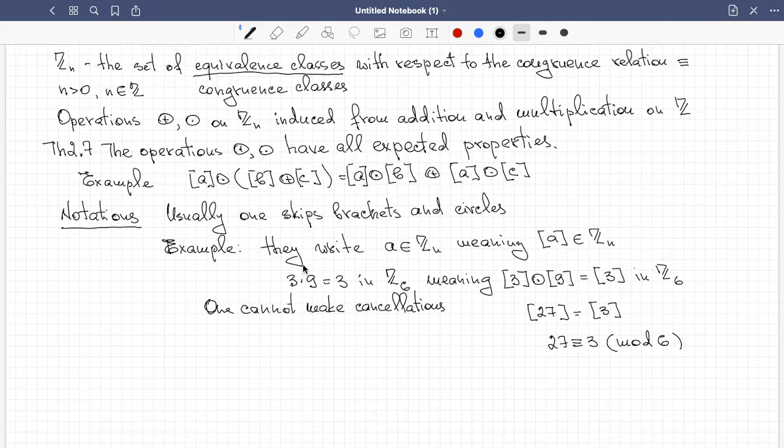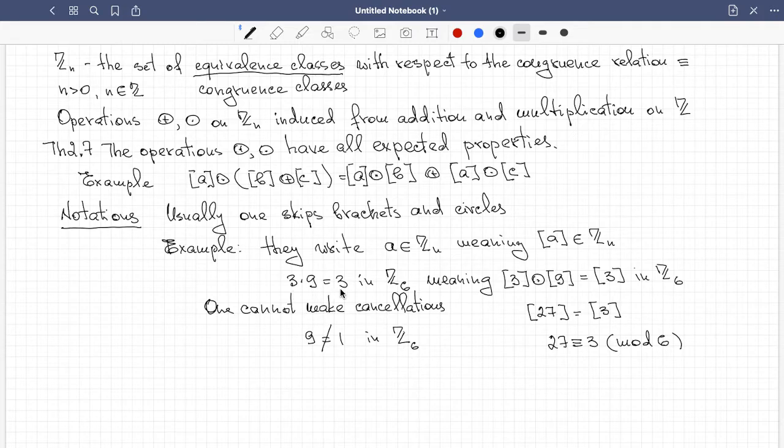However, if I try to cancel 3 out, we get 9 equals 1, which is false in Z6, because 9 is not congruent to 1 modulo 6. 8, the difference, is not divisible by 6.